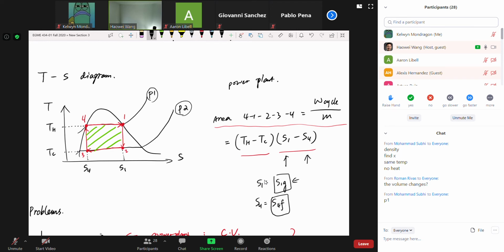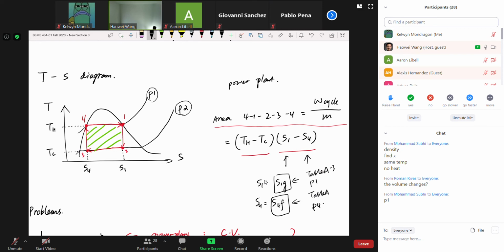Okay, S1G. Then you just go to table A3. And what do we know about number 1? P1. That's it. What about number 4? Do we know the temperature or pressure at number 4? P4 is given to you. Why?